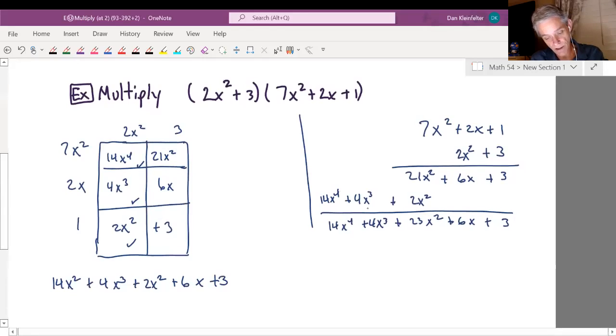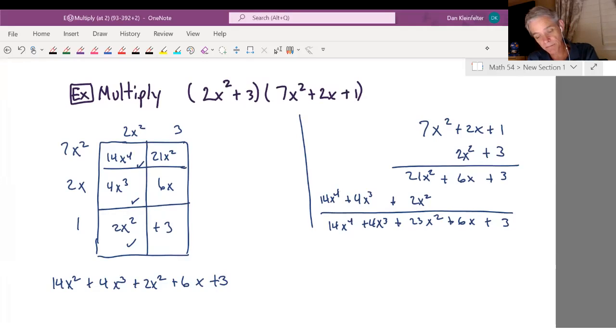Okay, all right, so that doesn't match between those two methods. I have to find my mistake and fix it. One second. All right, I found my mistake. My mistake was I simply forgot about this box in the first row, second column, 21x squared.